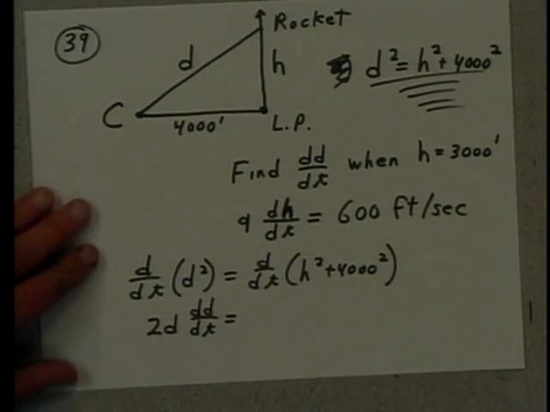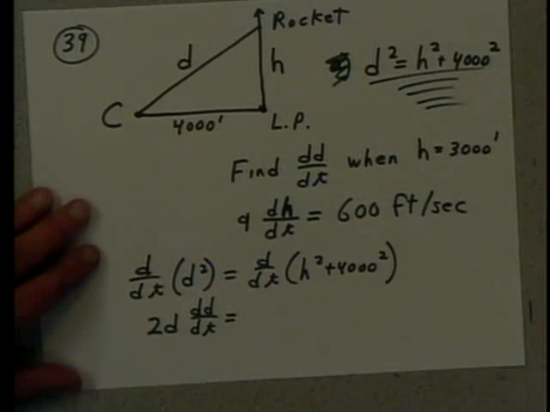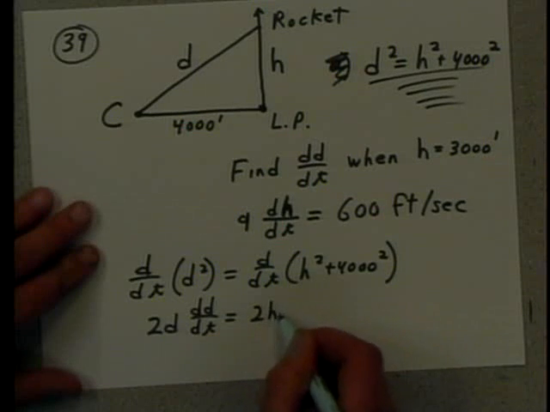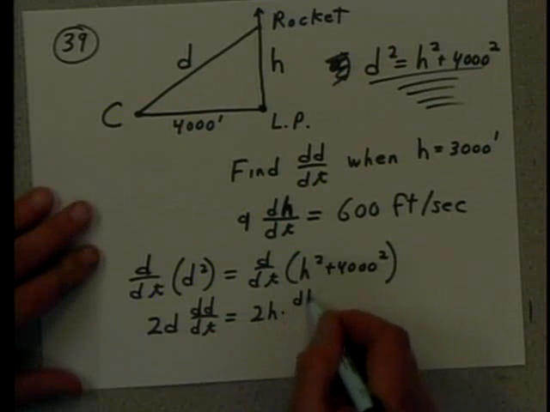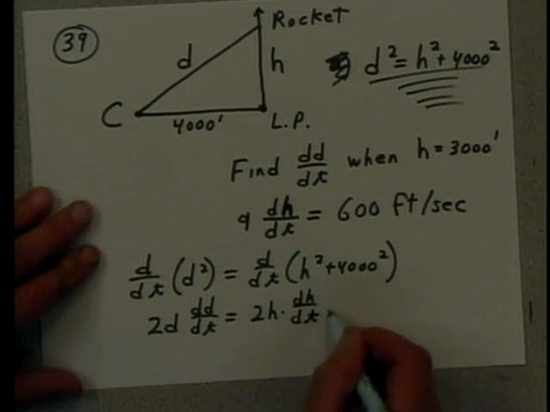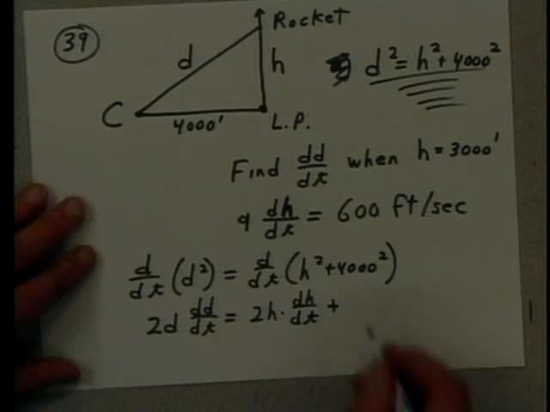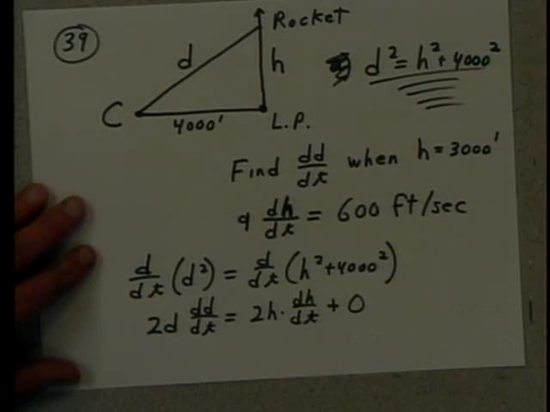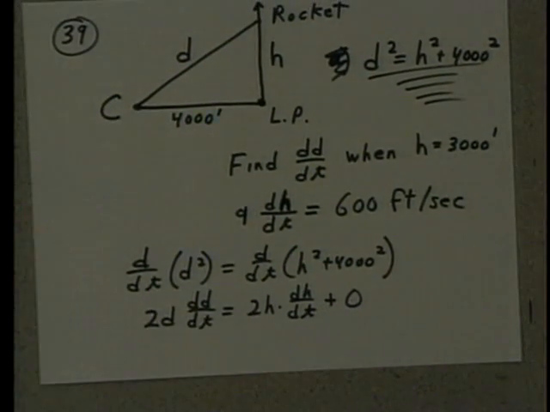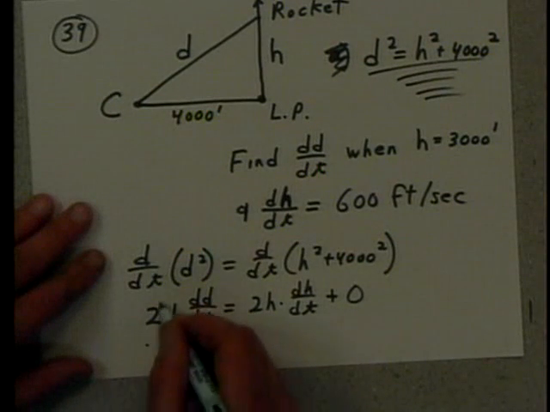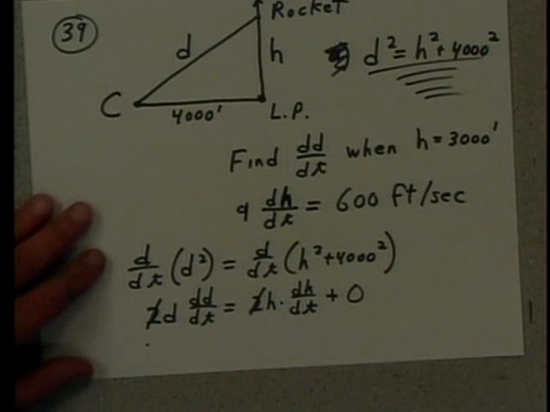Other side, what's the derivative of H squared? 2H times dH/dt. And what's the derivative of a constant, no matter what it is? Zero. Okay, now let's fill in our numbers. And right away, well, we can cancel the 2's, right? Divide each side by 2.